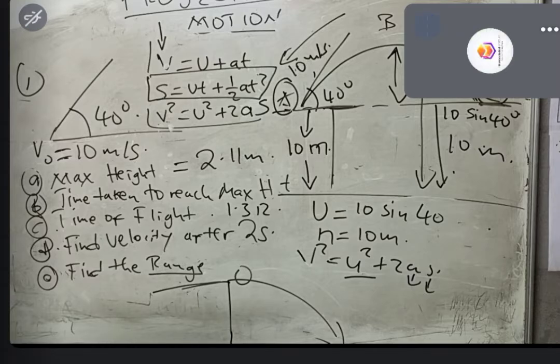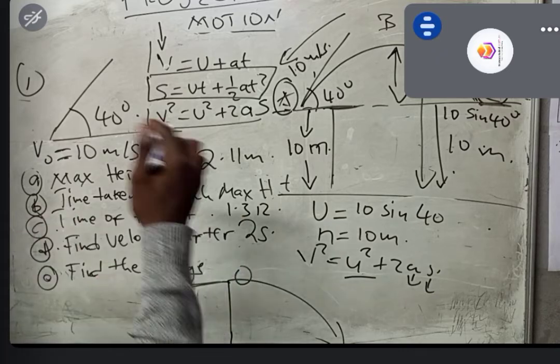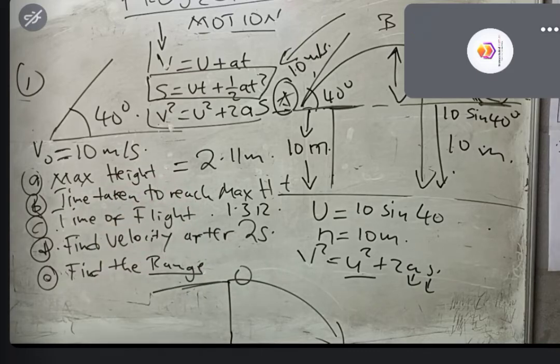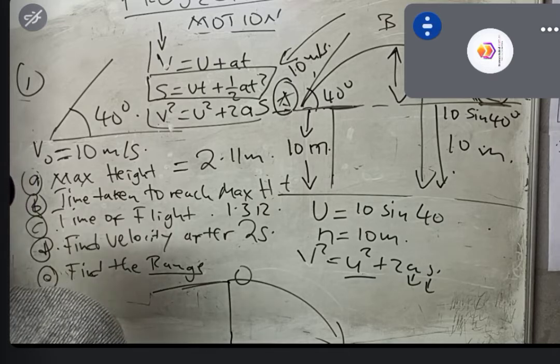The same formula applies. For the range, all you are interested in is to find the velocity in the x direction, then multiply it by the total time. So the total time that you're going to find, multiply it by the initial velocity in the x, because we know that velocity is always the same in the x throughout motion.